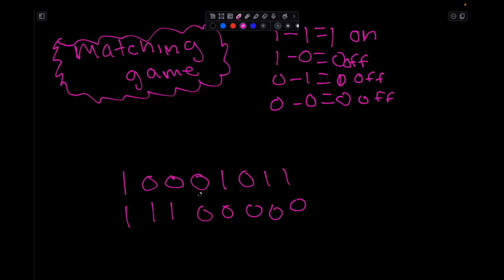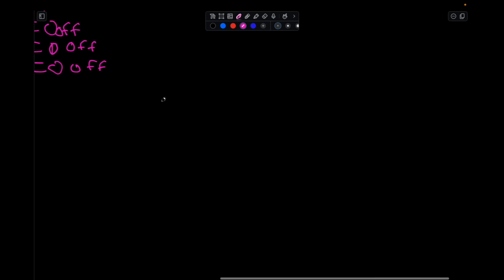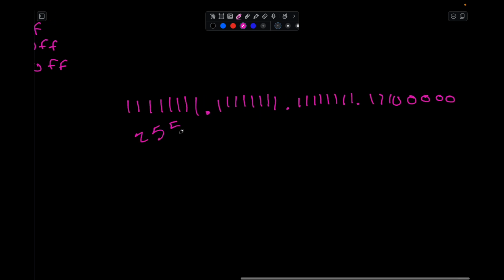Let's just do this real quick with the IP address. This is our new subnet, and where the ones stop is the network portion.